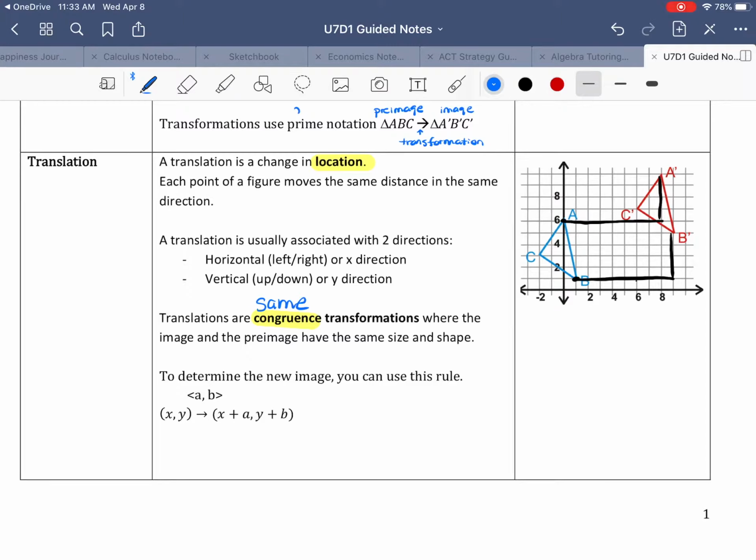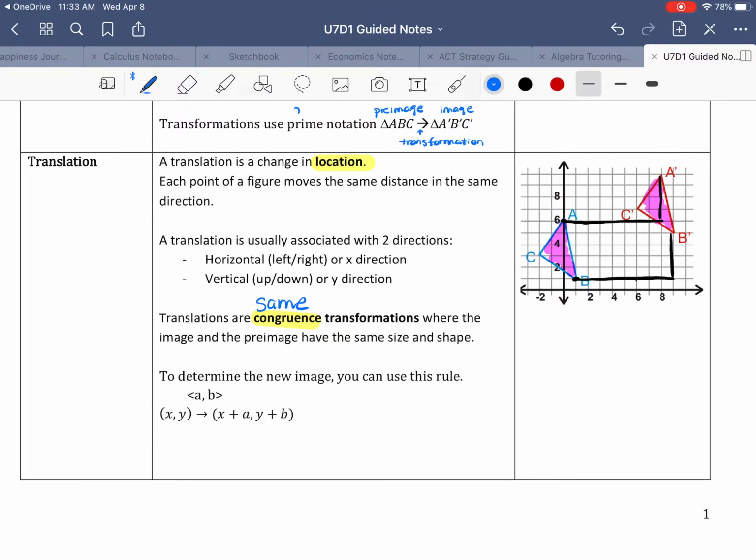So even though we're changing the location, the size and the shape of our pre-image stays the same in our image, right? If we look at the area of our triangle here and the area of our triangle here, they stay the same. It takes up the same amount of space, it is the same shape, it is the same size.